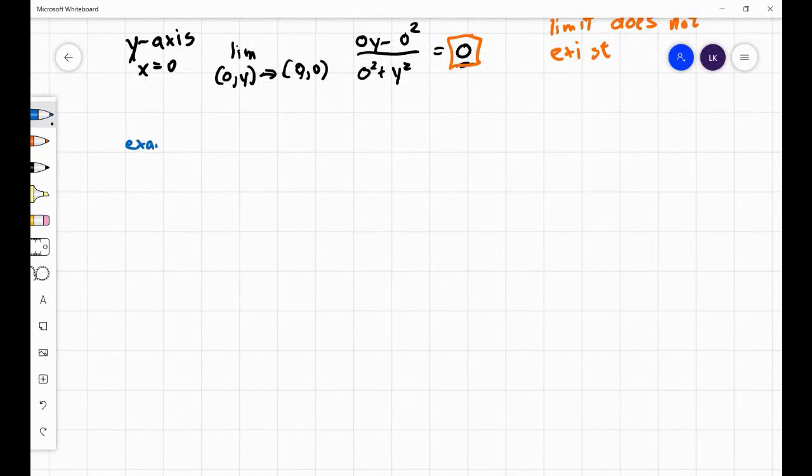So for the second example, we will take a limit of the following function as the arguments of the function go to the origin.